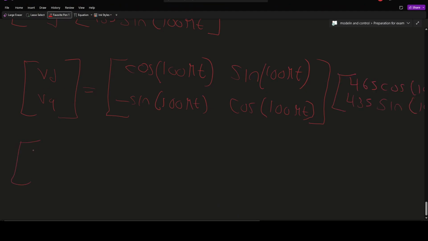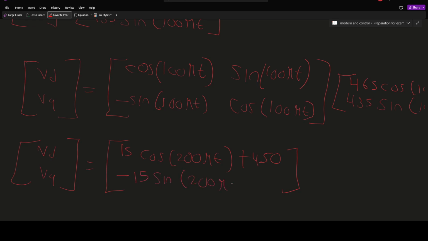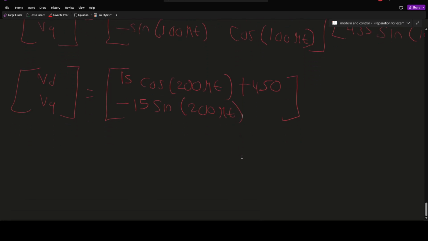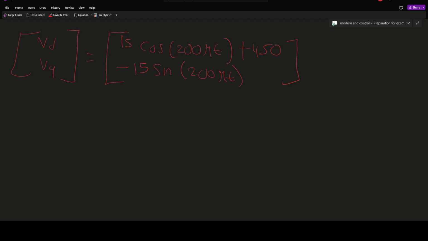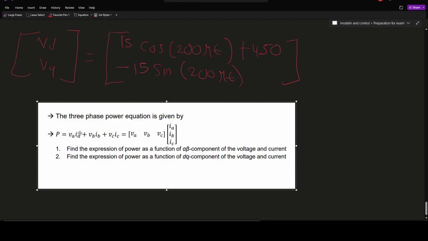So now we have that our dq rotating reference frame is 15 cos 200 pi t plus 450, and here we have minus 15 sine 200 pi t. Okay, so that's how we transform from the three voltages to the dq component. It's just applying the transformations.